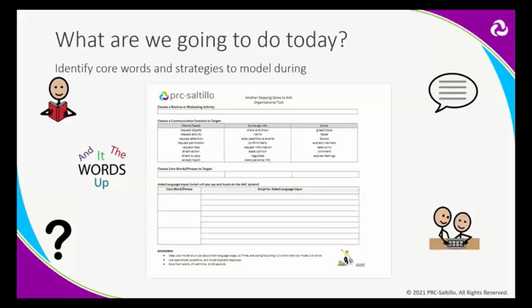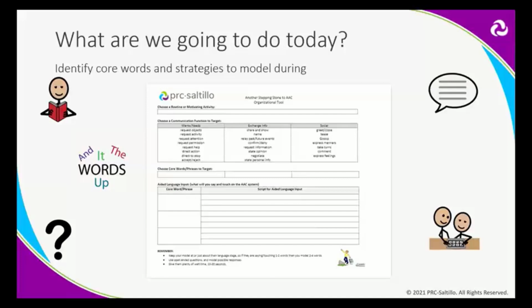Okay, so the first resource that we have is called our organizational tool. It's another Stepping Stone to AAC organizational tool. As you'll see on the top, we have a place where you can put what activity we're doing. And tonight specifically, we'll be reviewing strategies to model during book reading.